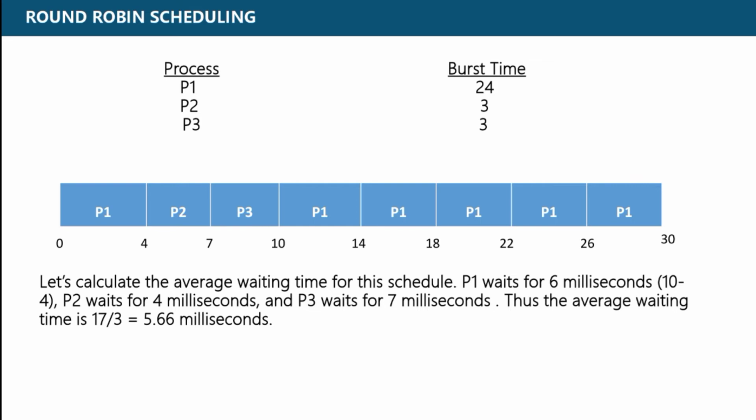So the 24 millisecond burst time for P1 is divided, or sliced. The time is sliced in order to serve the other processes, and that is why you have this here.